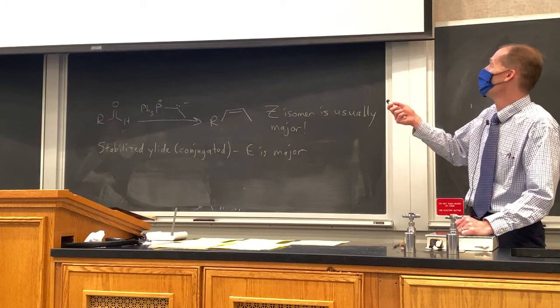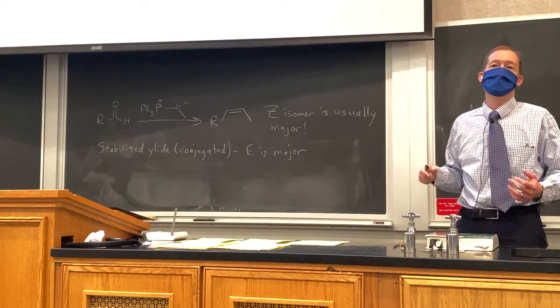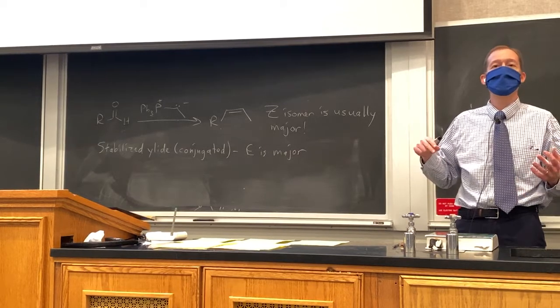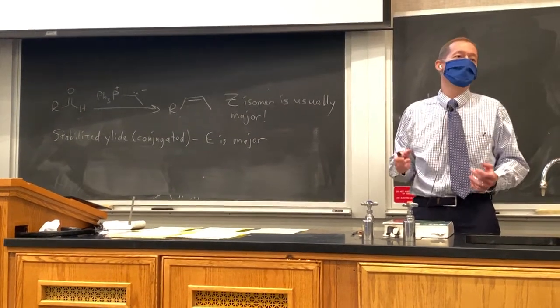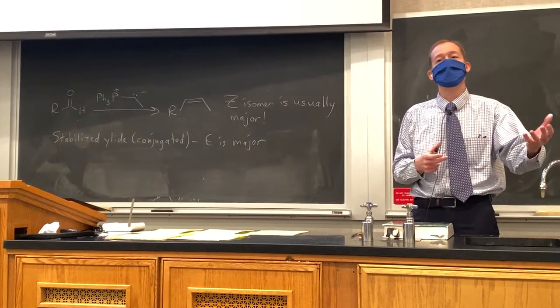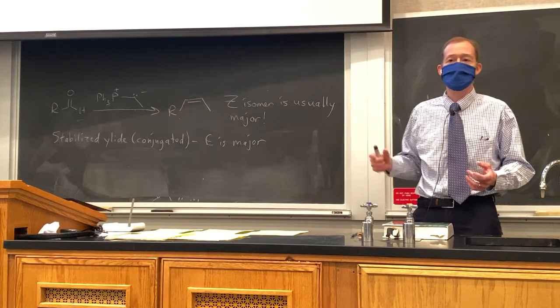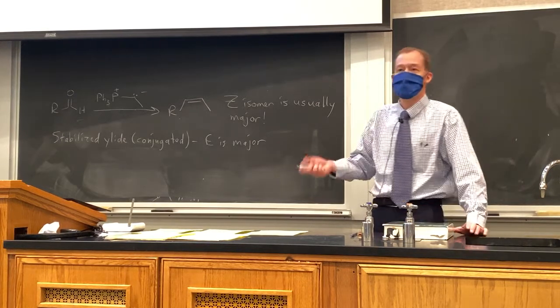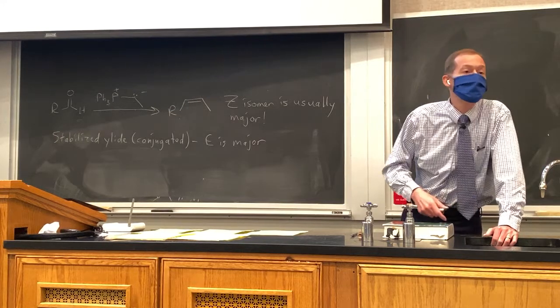We have the other one, which is shown here on the screen, with a carbon-phosphorus double bond. If that lone pair or that double bond is conjugated either to another alkene or to a carbonyl group, then that conjugation stabilizes the Wittig reagent, and we refer to it as a stabilized ylide.